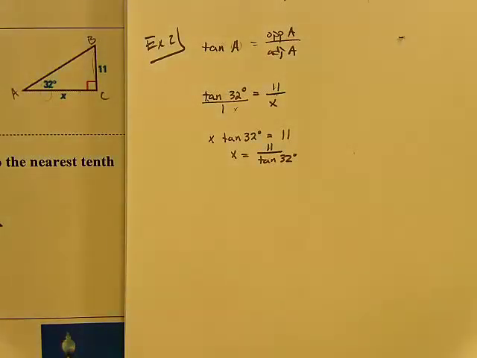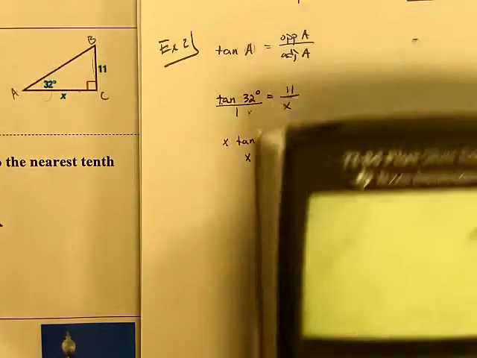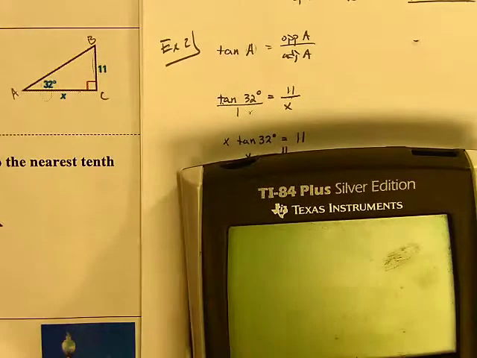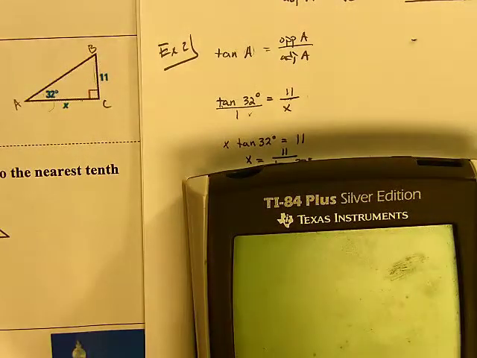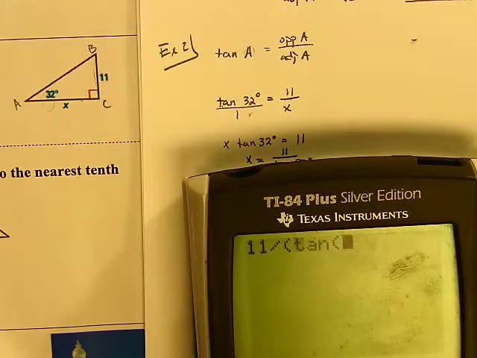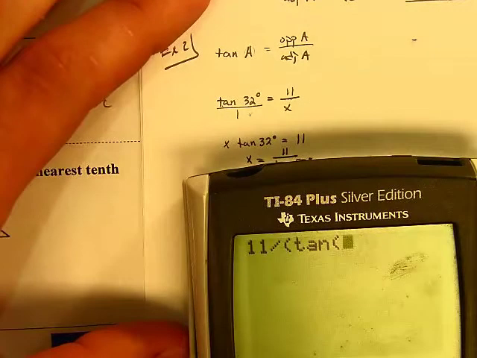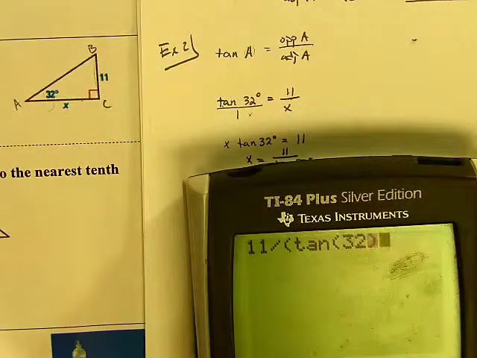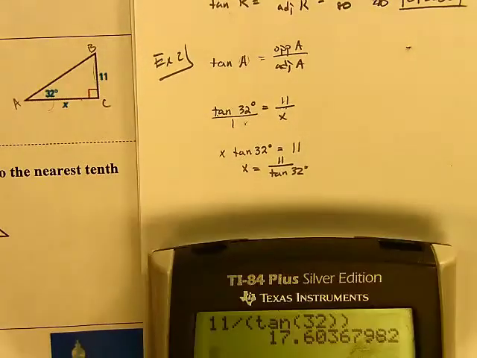So 11 divided by, and then the tangent function, and I'm going to put parentheses around this just because I like being thorough. So tangent of 32, close that parenthesis, close my second one, hit equals, and I get this value.